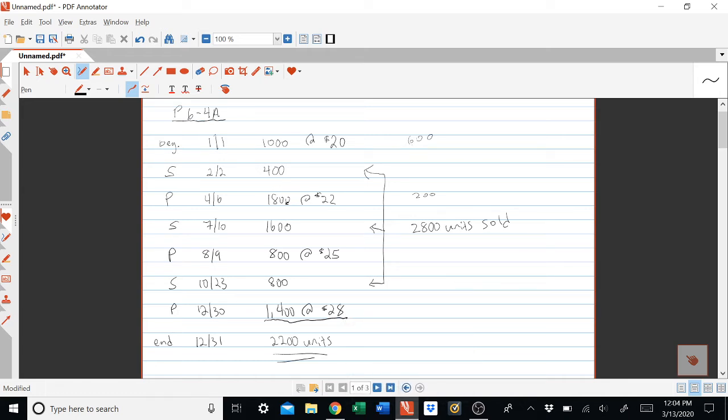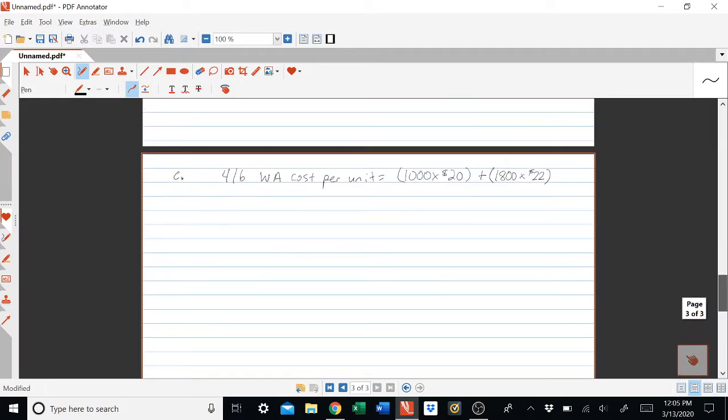As of April 6th, only 600 of these units are left. 400 have been sold. So 600 times 20 plus 1,800 times 22. That's the cost of goods available for sale, divided by the units available for sale as of this date. Well, there's 600 from beginning, and then there's the 1,800 that were purchased.